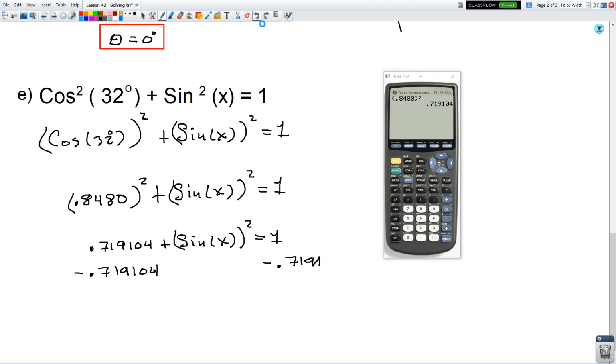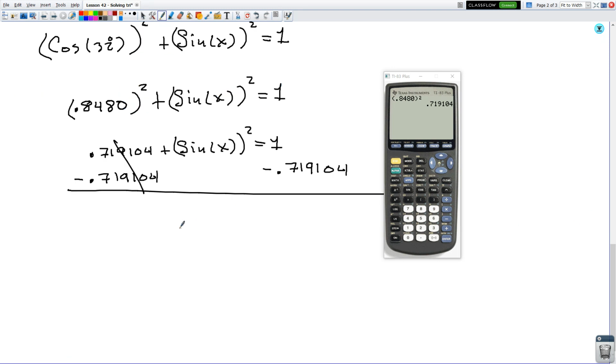Let me rewrite that on both sides. So now what we have here, let me just extend the page. All right, perfect. So now we have that the sine of x to the second exponent is equal to, well, let's see what we can do with this.